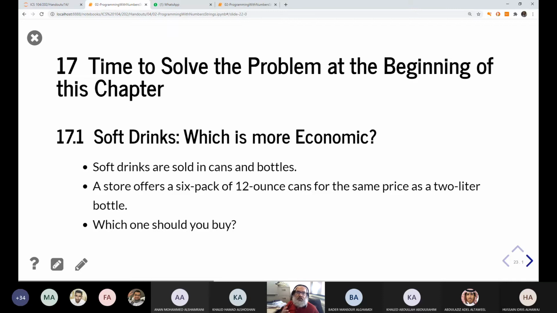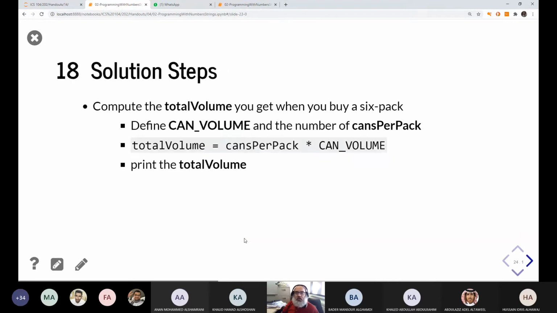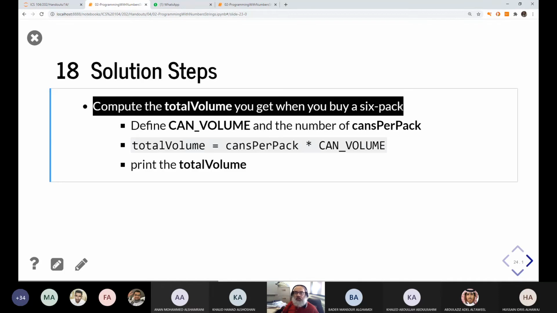We need basically to find the volume of a 6-pack of cans, and compare it to the 2 liters, which is the volume of the bottle. So basically the solution steps is to compute the total volume you get when you buy a six-pack.